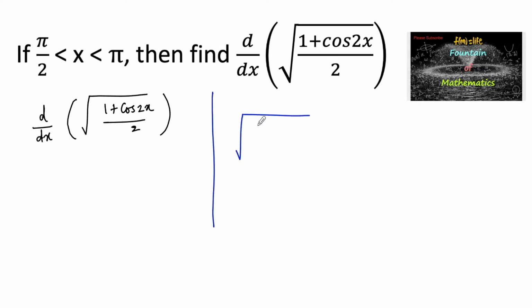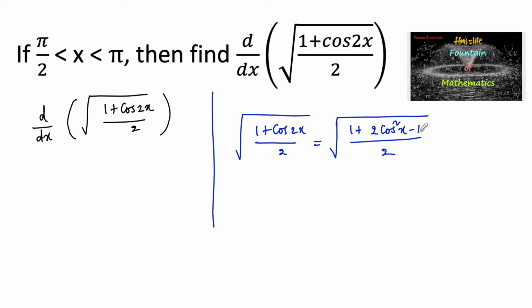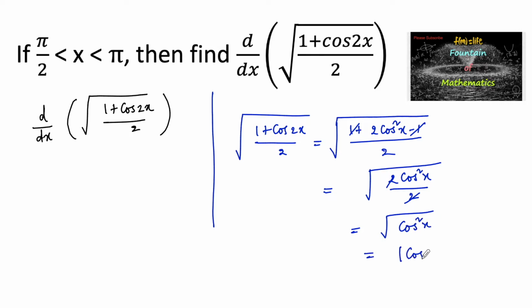Root over 1 plus cos 2x upon 2, by using the formula for cos 2x, we can write 2 cos square x minus 1 upon 2. So we can cancel 1 and 1, which is equal to root over 2 cos square x upon 2. So we can write root over cos square x, which is mod of cos x.